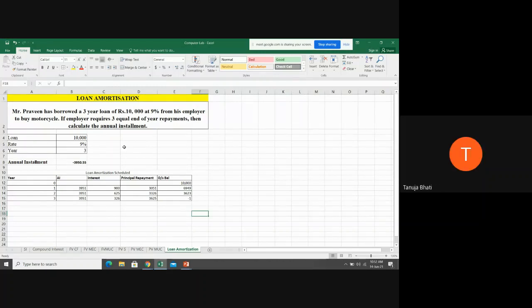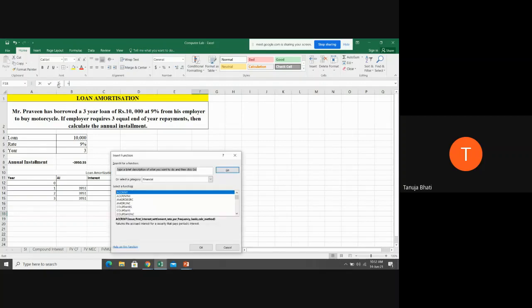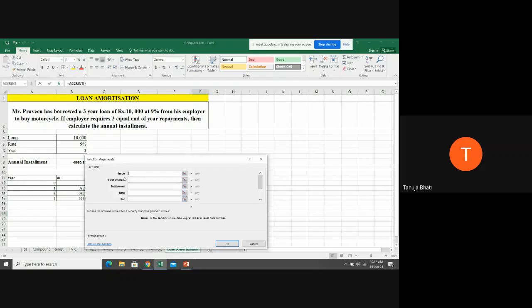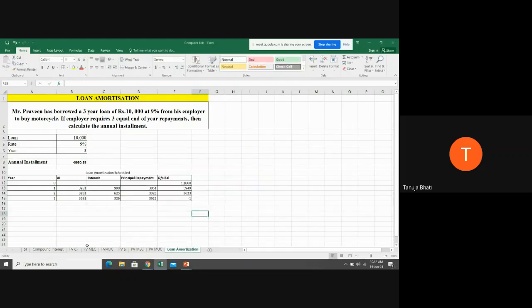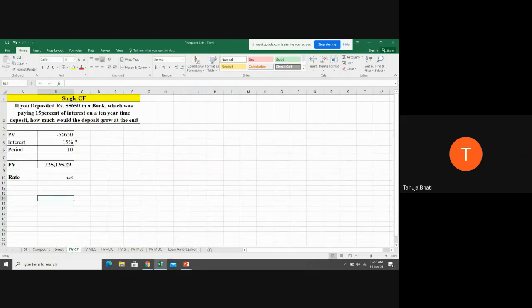Very good. Now, the functions, in which category is this? In which category is future value, present value, rate, everything falling? It is falling in the category of financial, students. Okay. Did everyone understand the logic why I have written minus here? Okay, because it is an outflow of cash.